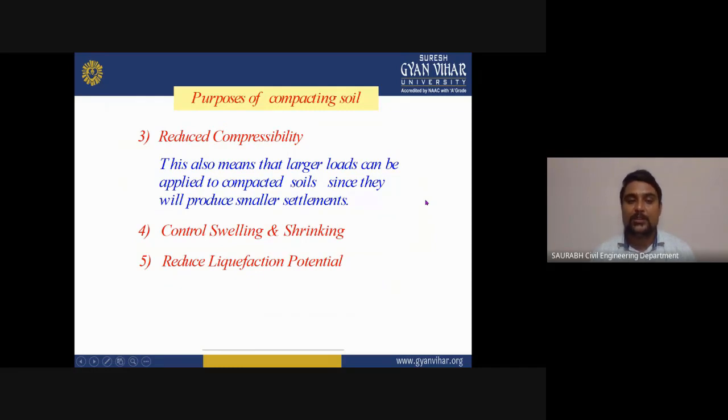This also means that a larger load can be applied to the compacted soil since it will produce a smaller settlement. The fourth point is control of swelling and shrinkage. If you do proper compaction of your soil, it will control the swelling and shrinkage of the soil. It will also reduce the liquefaction potential of the soil.